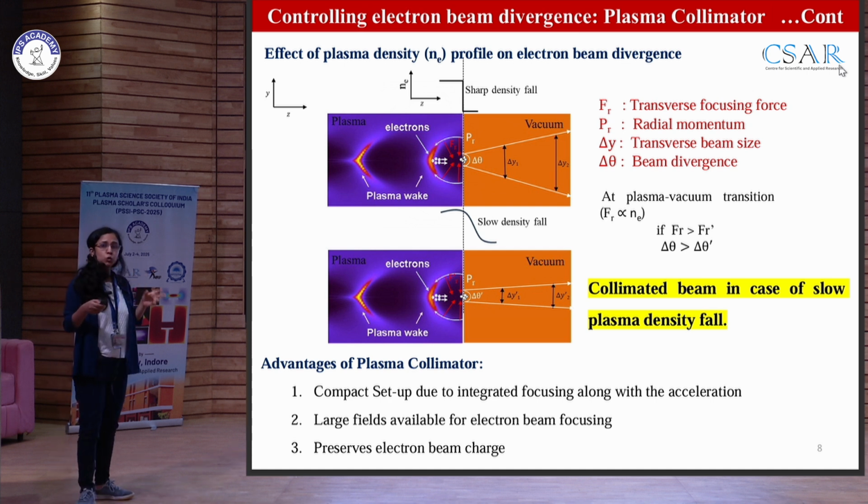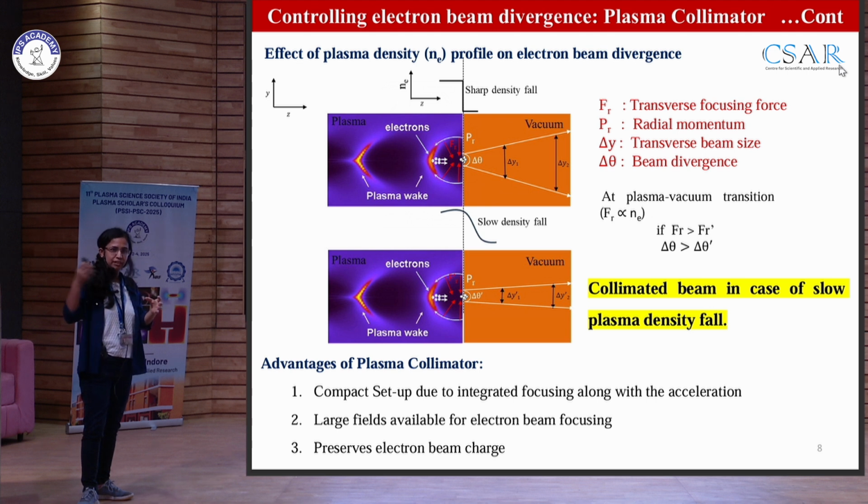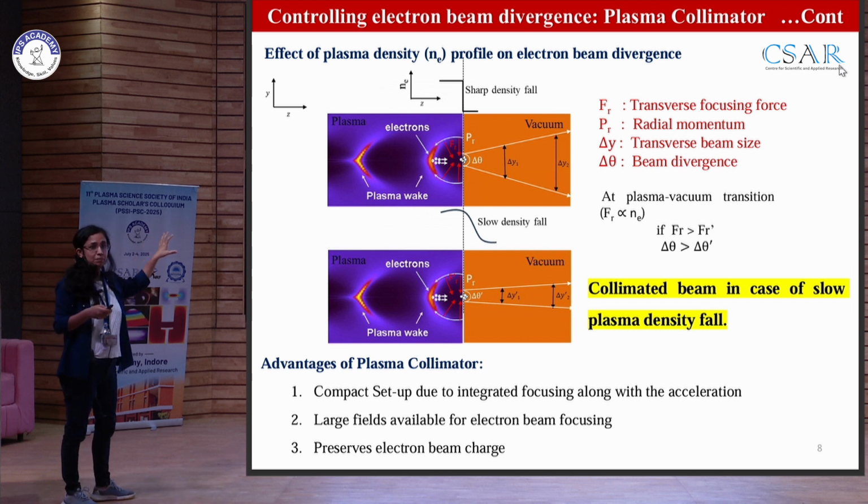For a usual beam, if we try to focus the beam by applying an electric or magnetic field, it will be focused, but at the same time, it will have a radial momentum component. So if I just remove the field, the beam will blow up with some divergence. The same case will happen in the plasma.